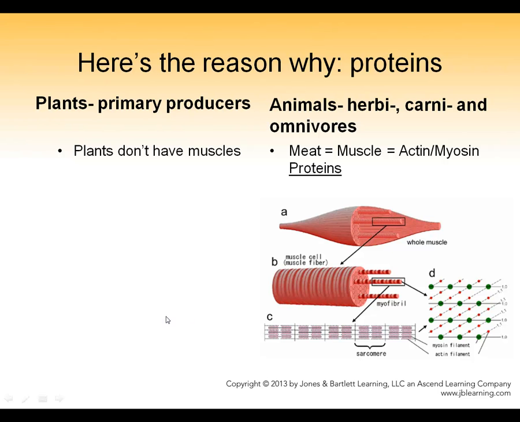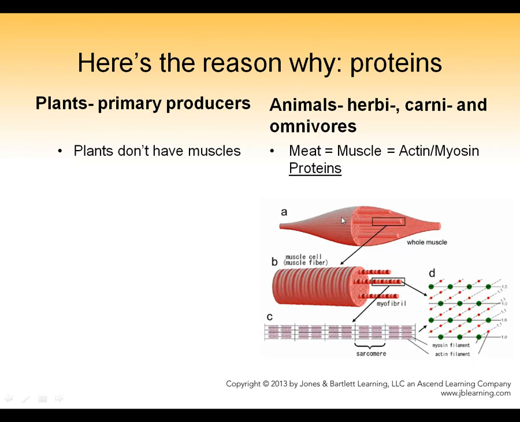So why is that? Let's talk about the animal foods first. What we call meats is mostly, what we sink our teeth into is muscle. Most of the foods that we eat, except for liver, is muscle. So what is muscle?